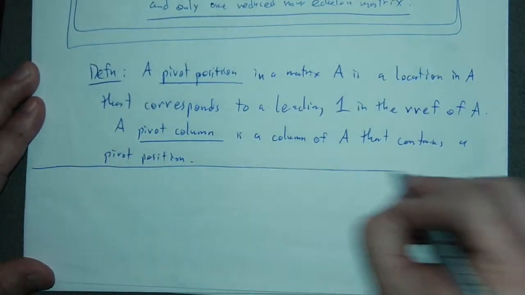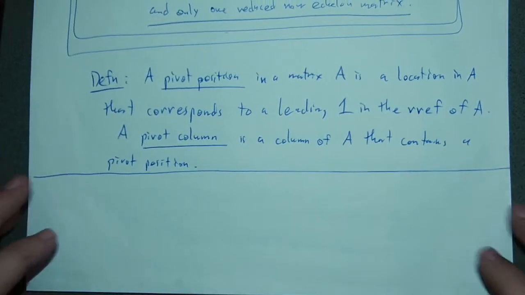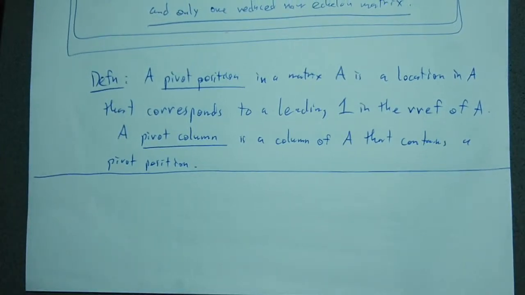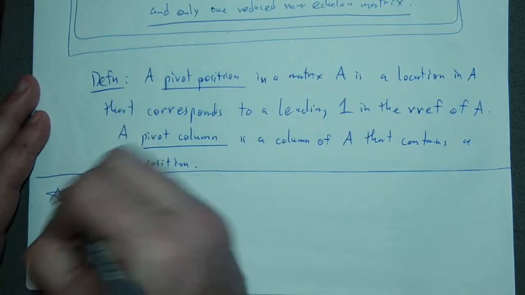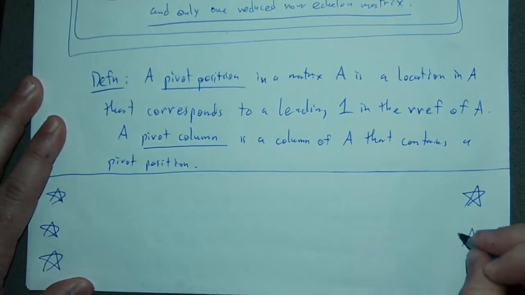So do I have enough room to write what I want to write here? Maybe. So this is the most important thing that you should know about this course for now. Lots of stars here.